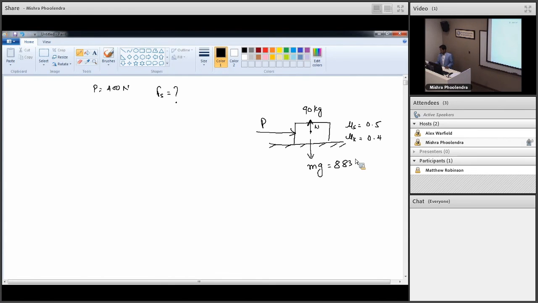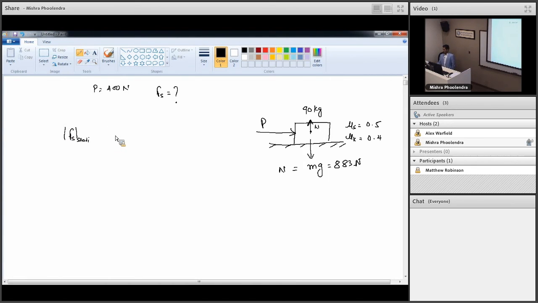How much we get? 90 times 9.81? 883 point something? 883 Newton, right? And if that is the normal force, now this is also going to be equal to normal for us. So what would be the friction?